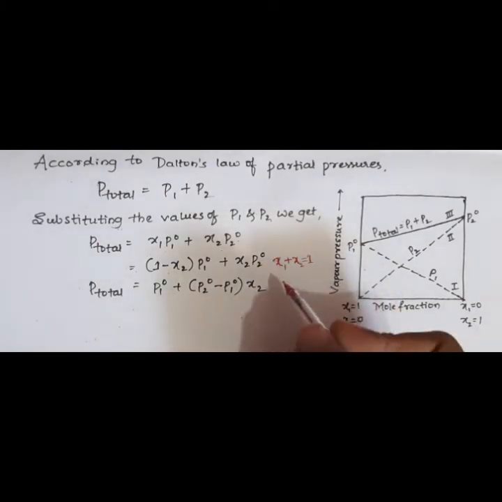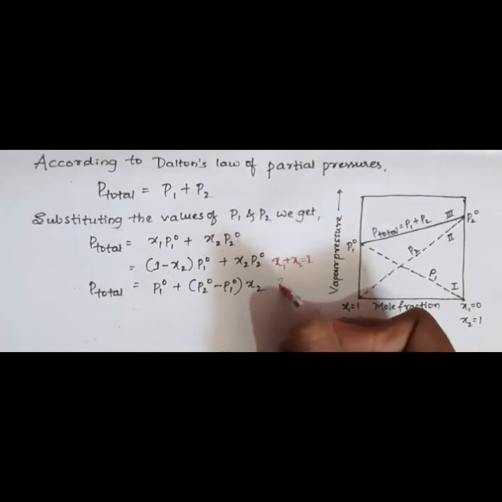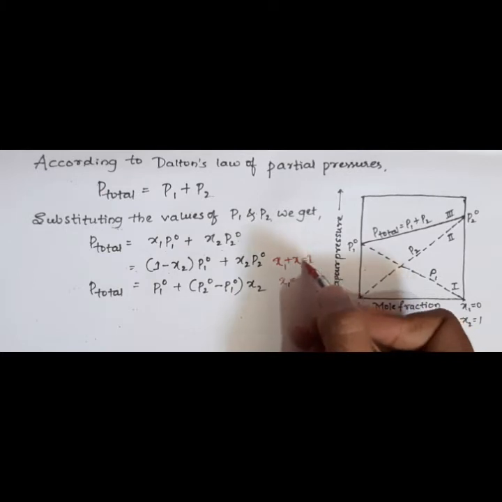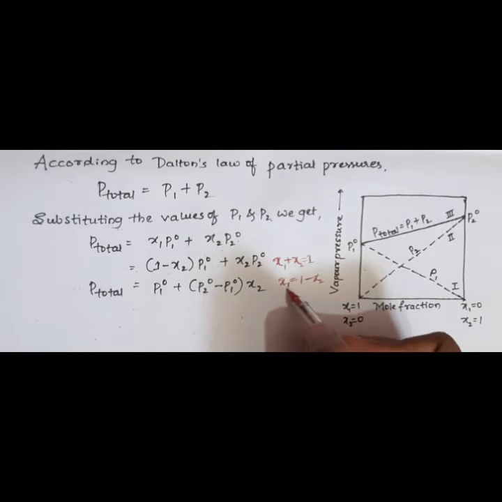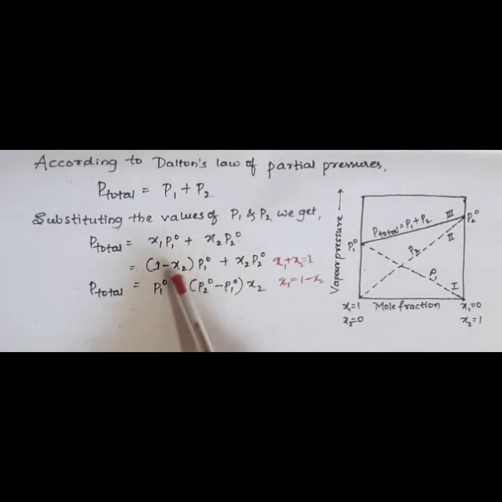So what would be the value of X1 then? Rearranging this equation, we get the value of X1 as 1 minus X2. So that value I have substituted in this case. X1 plus X2 is equal to 1, X1 is equal to 1 minus X2.